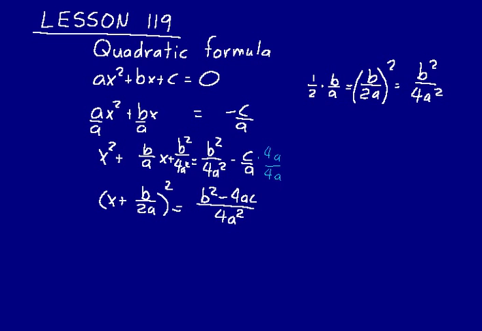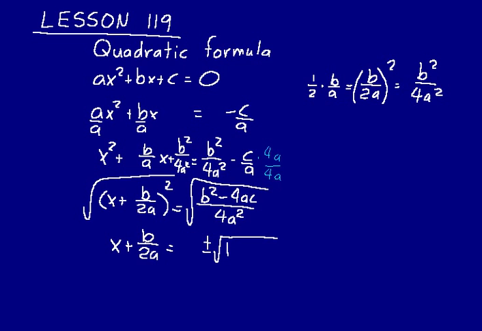Now, the next step is to isolate x. We do that by taking the square root of both sides. Okay, so now we have x plus b over 2a is equal to plus or minus the square root of b squared minus 4ac over the square root of 4a squared.